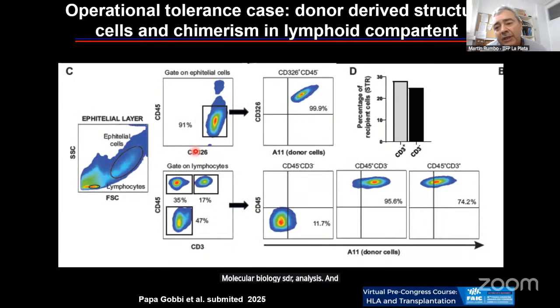And on the other side, in the structural cells, for example the epithelial cells, most of them are from donor origin. This means that there are still donor-derived cells in the epithelial compartment, and also in the intraepithelial lymphocyte compartment too, showing that there is a true chimerism in the graft.